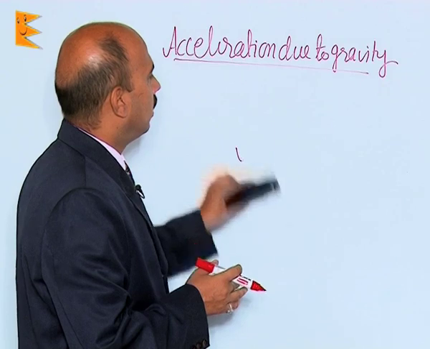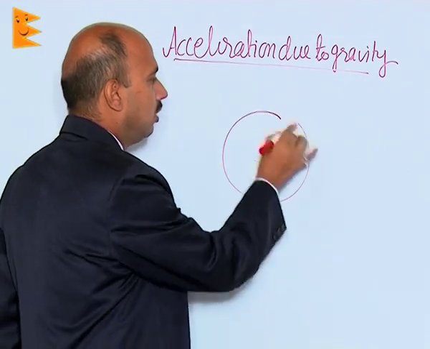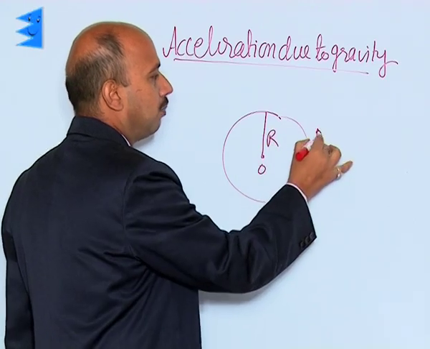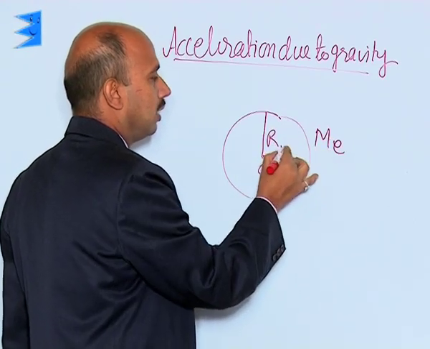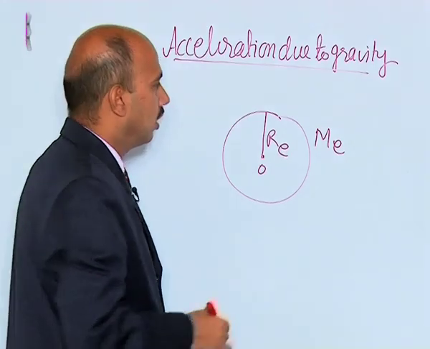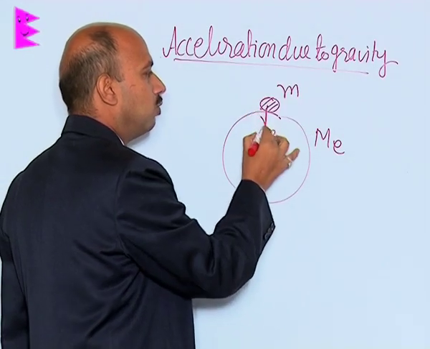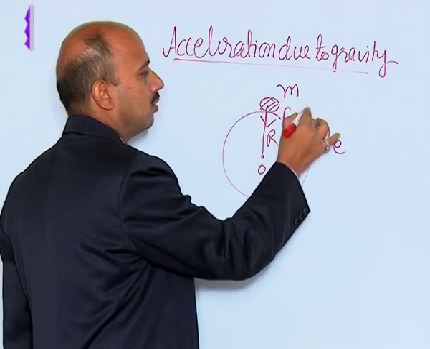So now we have to calculate this. Suppose this is the earth's center, this is the radius r, the mass of the earth is Me, and the radius of the earth is Re. A body of mass m is placed over here. The gravitational force acting downward is F equal to mg.